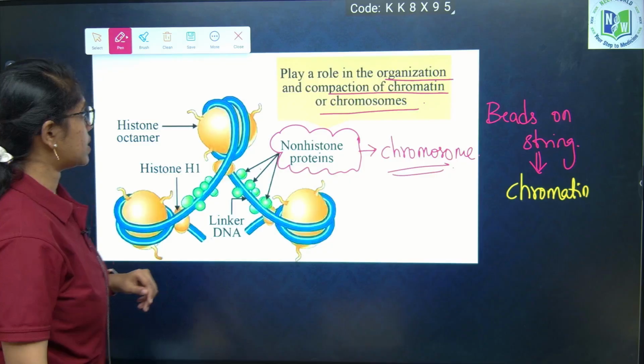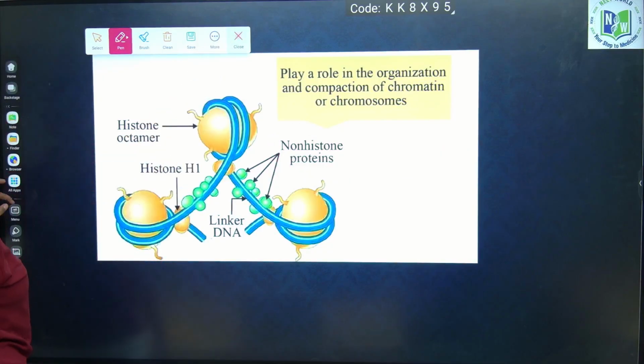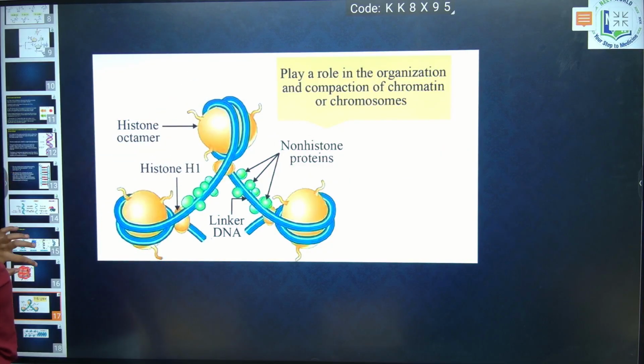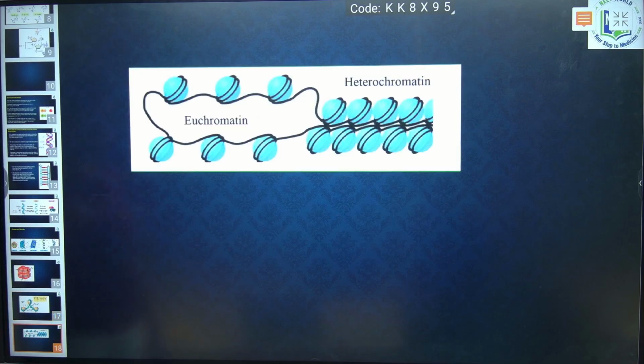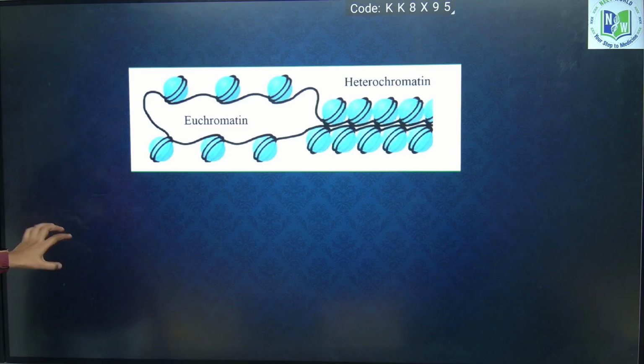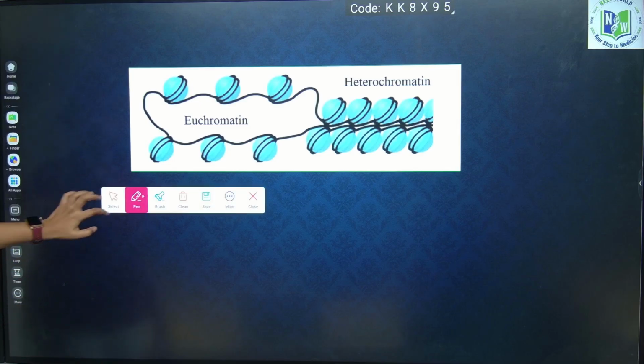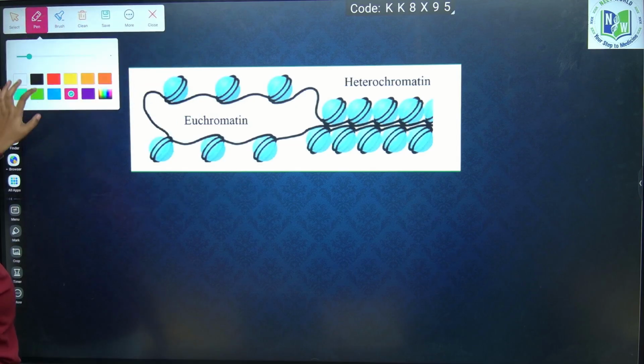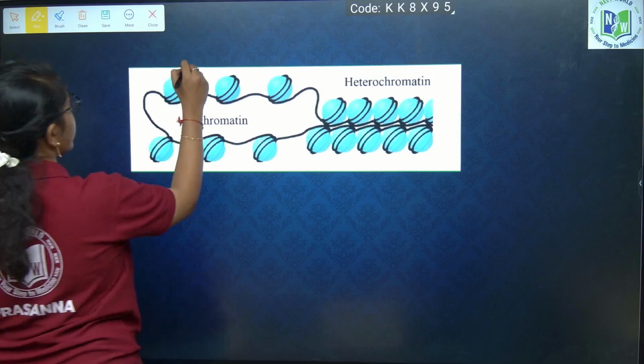Next, after chromosome formation, you will see 2 types of chromosomal packing. One is euchromatin and the other is heterochromatin.